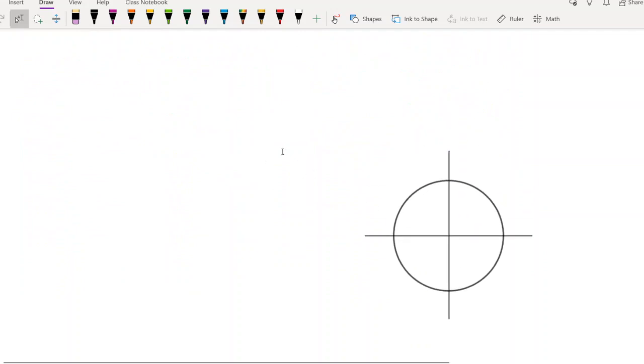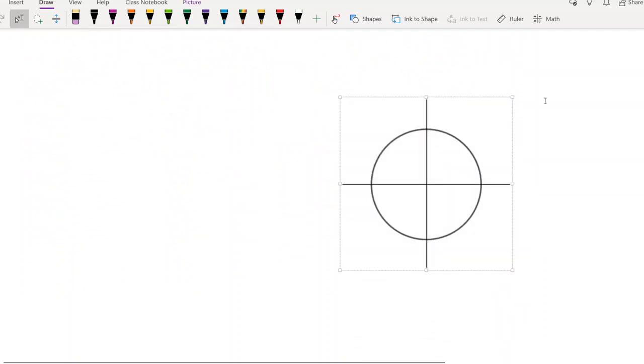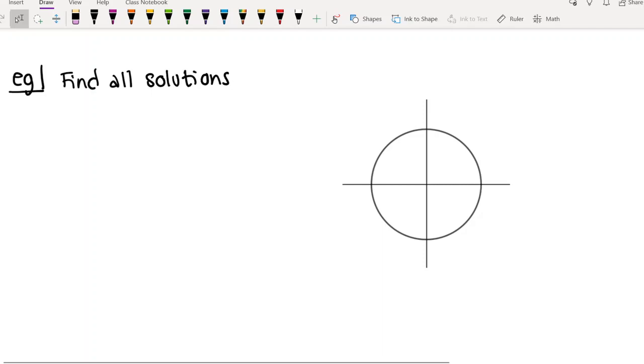Okay, so let's do another one. So we're going to find all solutions, first of all, to 4 times cosine of x plus 3 is equal to 0.